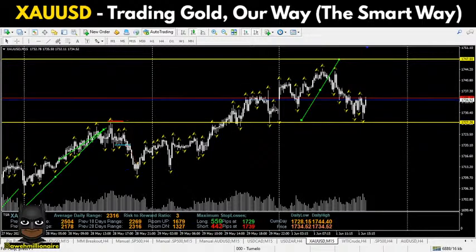I'm probably going to do another couple of live streams this week because I'm seeing some setups on S&P 500 and crude oil as well, and it's the first week of the month. First week of the month, we know there are high impact news galore. There's high impact news tomorrow on Aussie dollar, setting up the whole week.